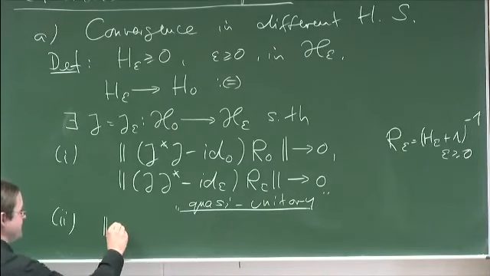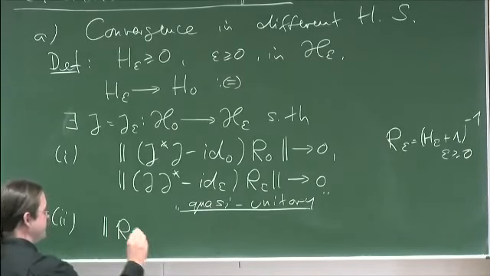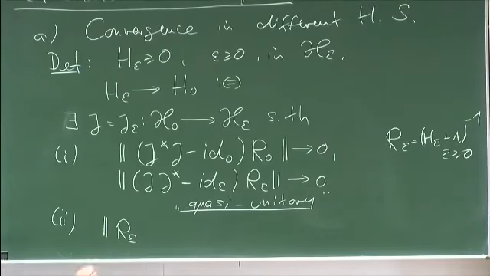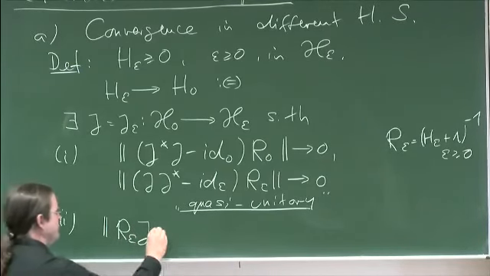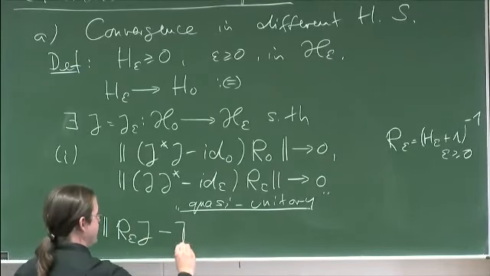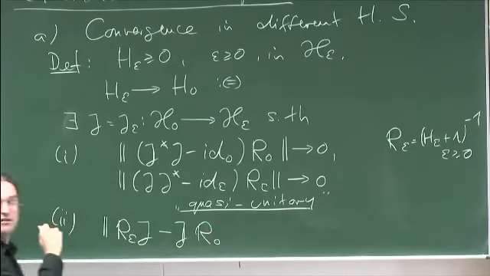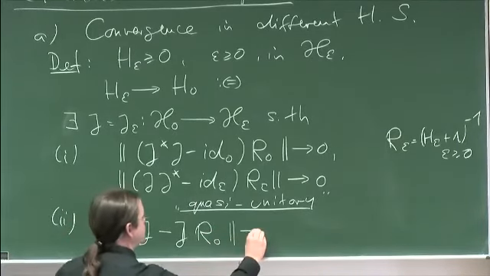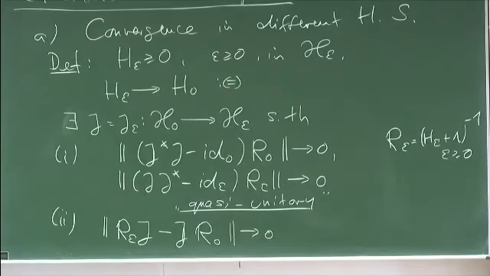This just means that if I take the resolvent on the thick graph, I have to put the sandwich with J minus J resolvent on the graph. And this operator norm should also converge to 0 as epsilon goes to 0.